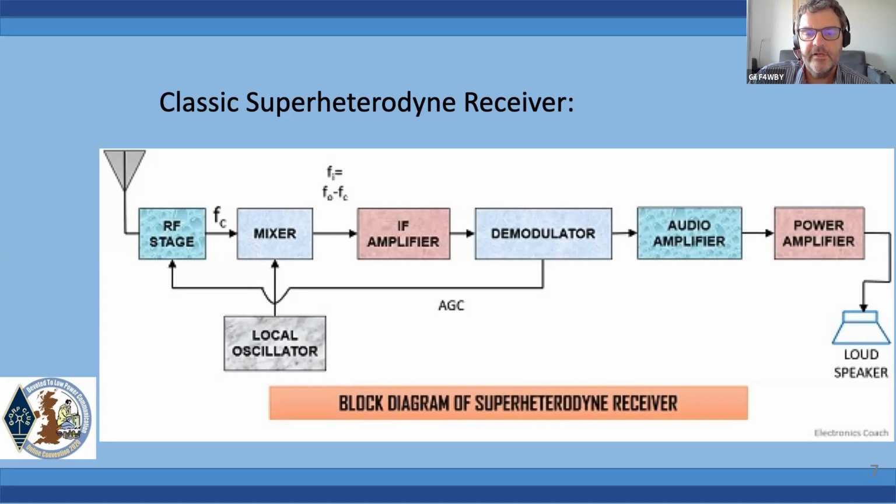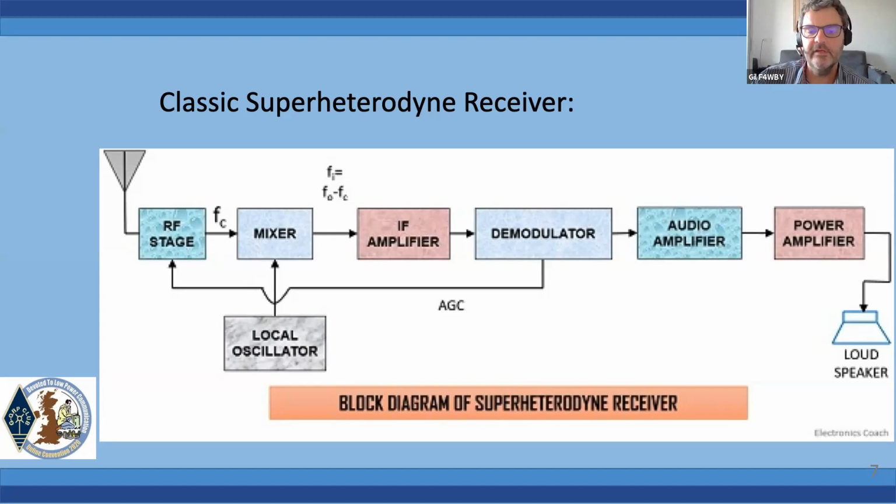Now, of course, after that, we have an amplifier for the intermediate frequency. We have a demodulator, which is going to demodulate AM, SSB, depending on the filtering that's applied to it. And then that is outputted to an audio amplifier.